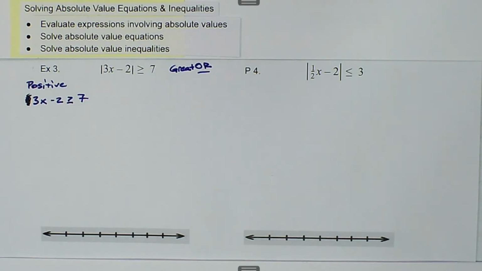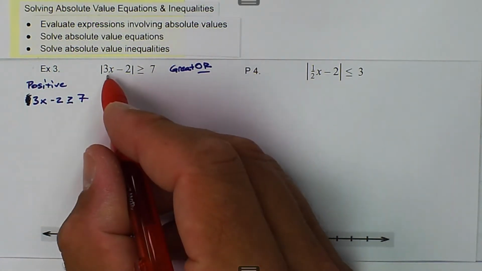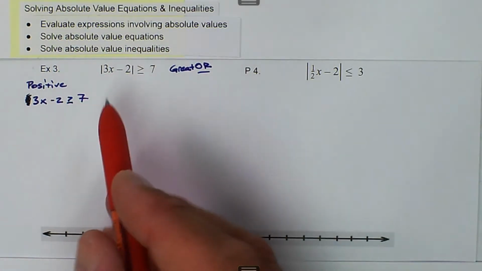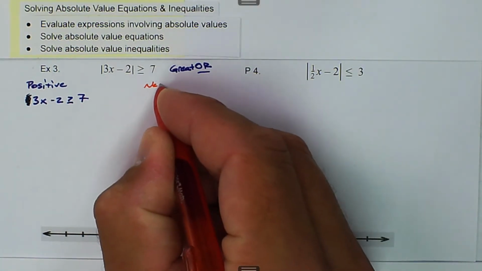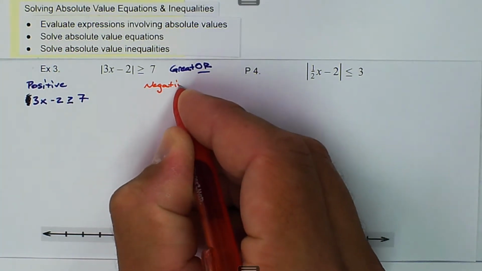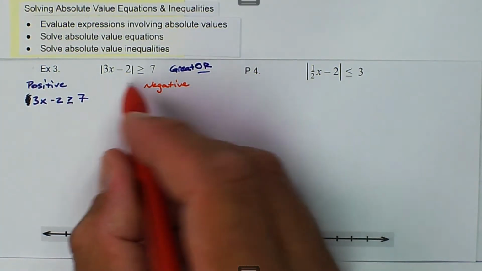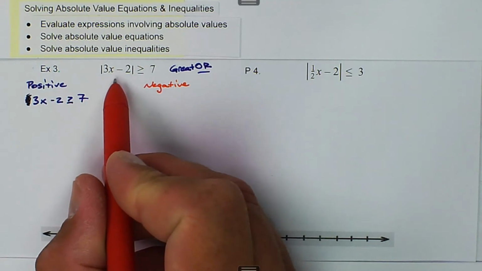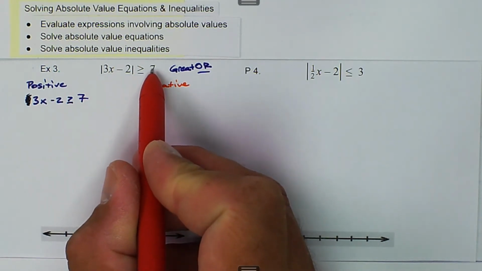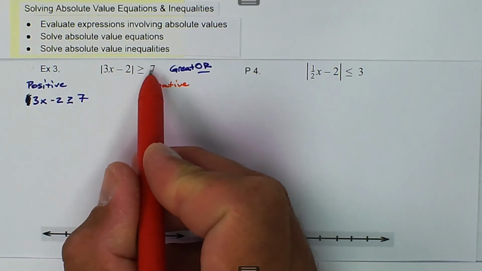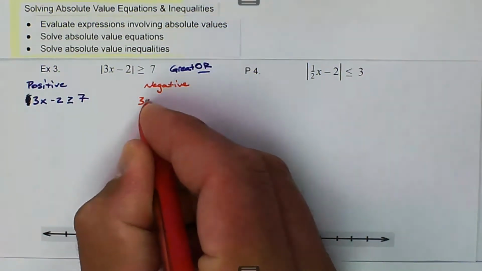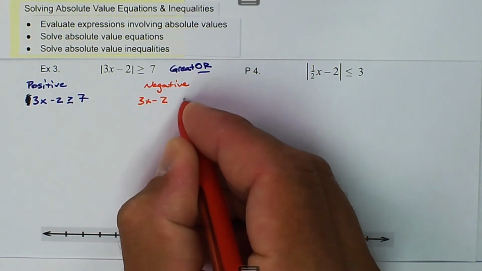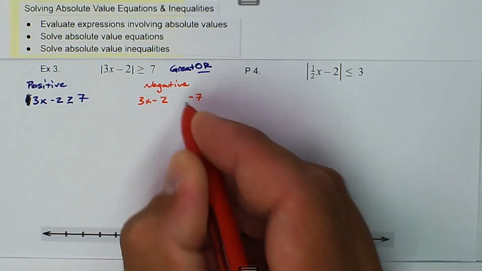And then we also have to account for when the expression between the absolute value is negative. So if this value is negative, we have to change the sign on the right from positive to negative. So we're going to have 3x minus 2, and now we have a negative 7.